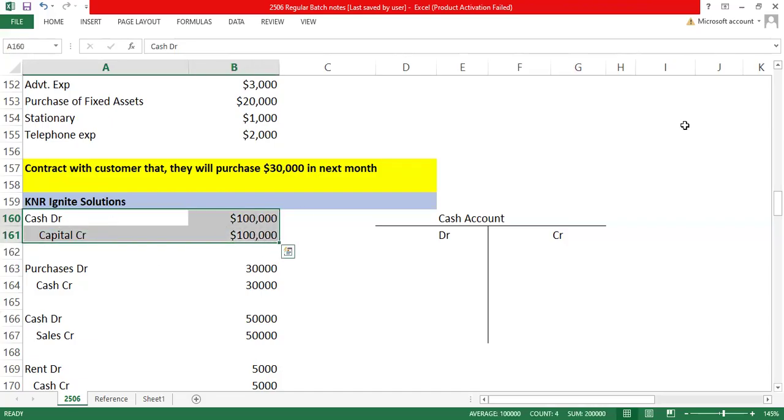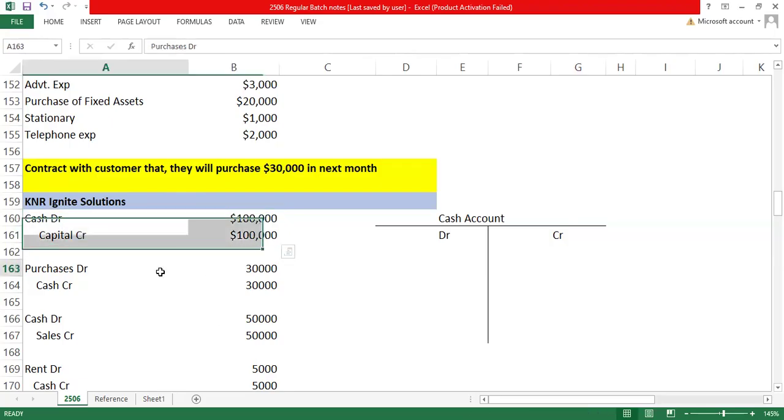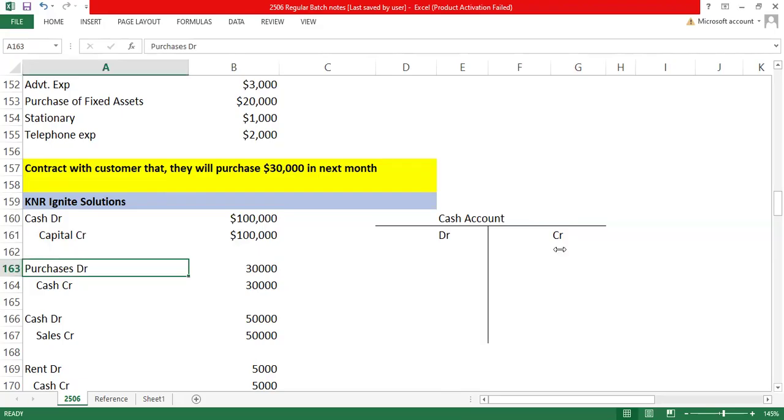We have cash involved here. So what is the first thing that I'm doing here? Cash debit or capital credit? We have a cash debit and also a capital credit here. Whenever I talk about my T account particularly, how should I calculate?